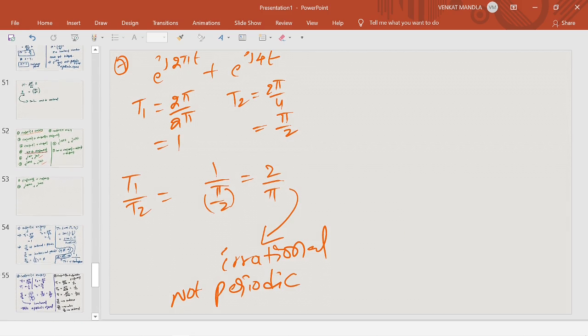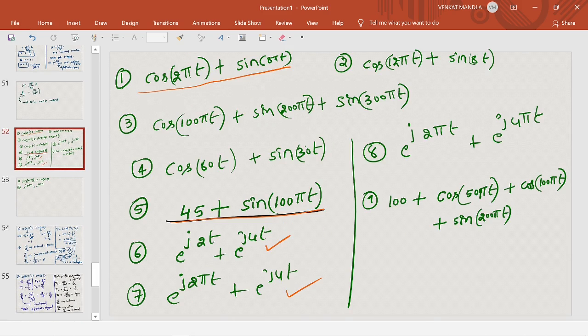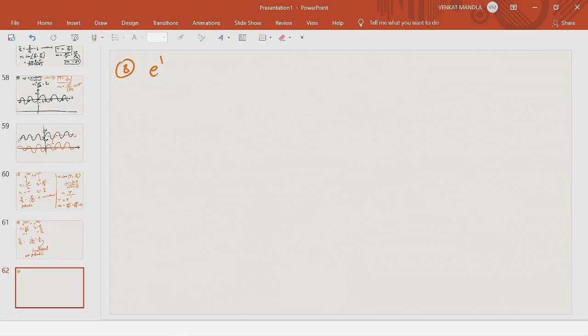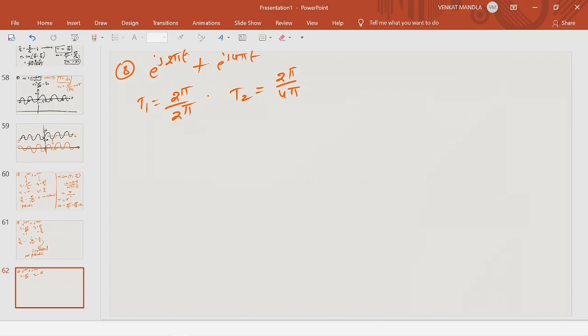The next problem, the eighth one: e power j 2 pi t plus e power j 4 pi t. T1 equal to 2 pi by 2 pi, that is 1. I have already done all these things. T2 is 2 pi by 4 pi, it is 1 by 2.